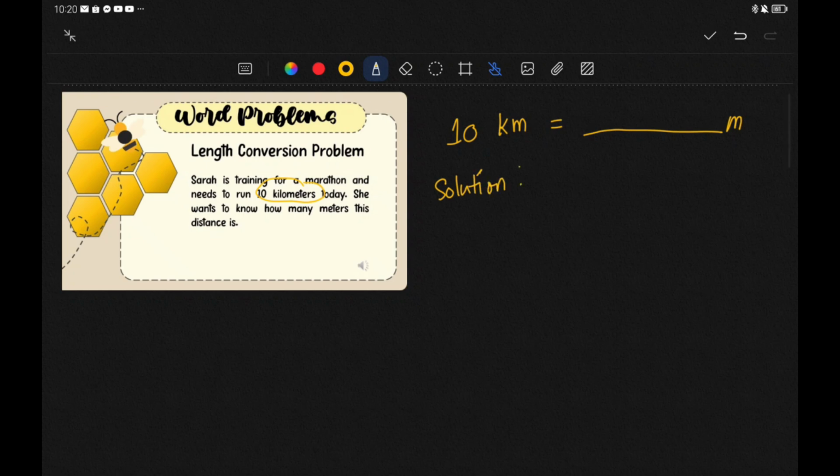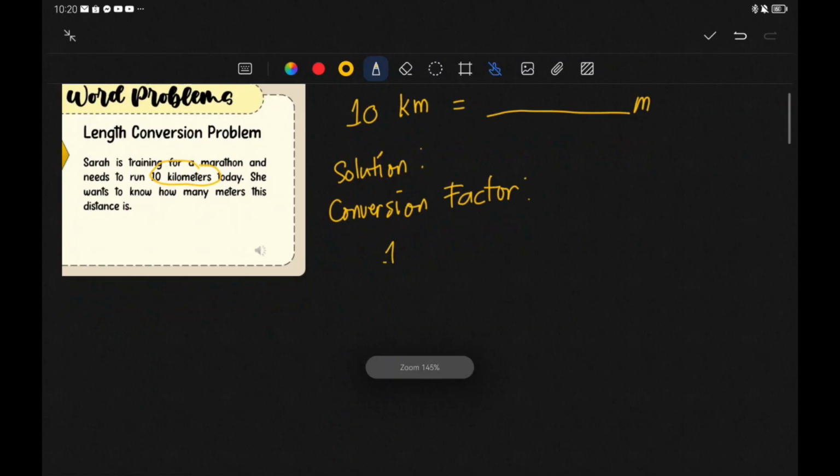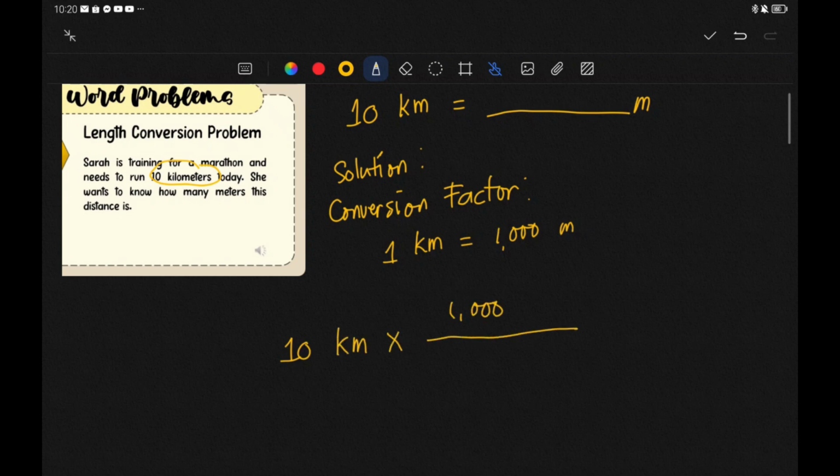Okay, for the solution, we can opt to method 1 or method 2. It depends, but I will show you the two methods. For method 1, we need to remember the conversion factor. The conversion factor of 1 km is equal to 1,000 meters. Now, let's solve 10 km times 1,000 meter over 1 km.